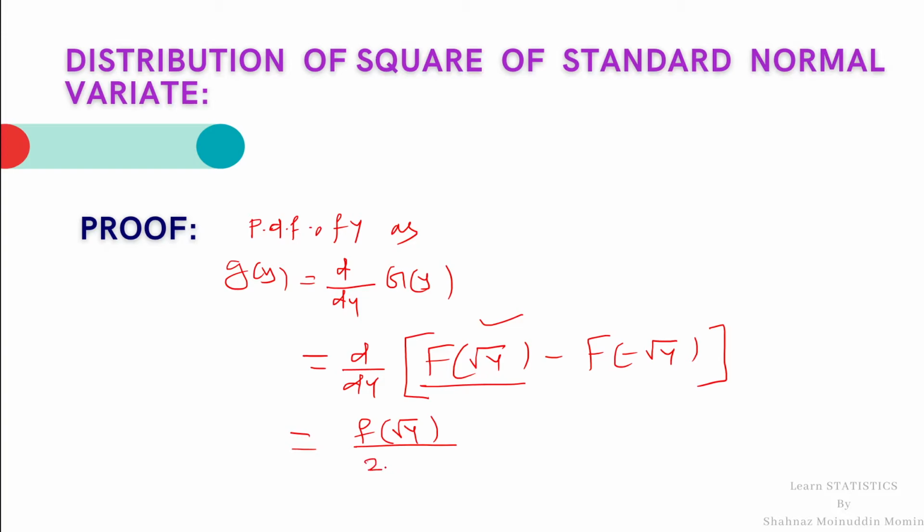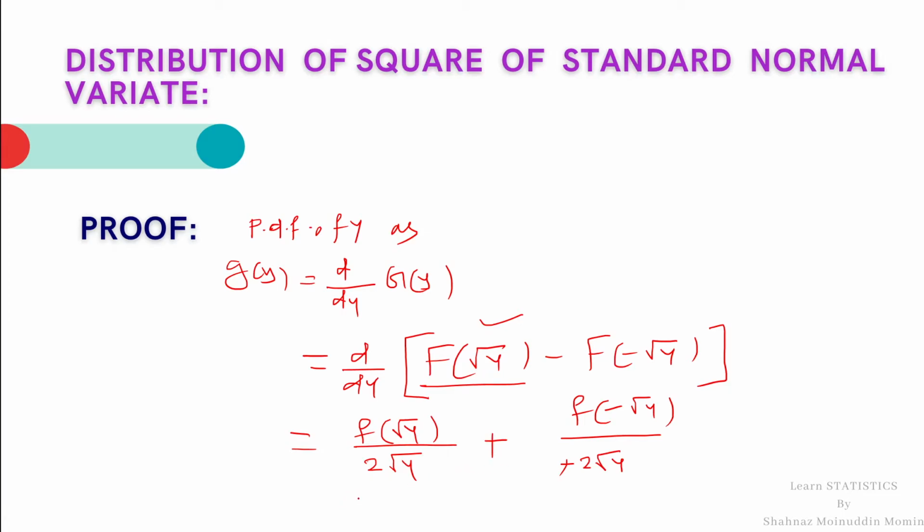Derivative of under root y is 1 by 2 under root y. Minus f of minus under root y divided by minus 2 under root y. Here minus minus is plus.